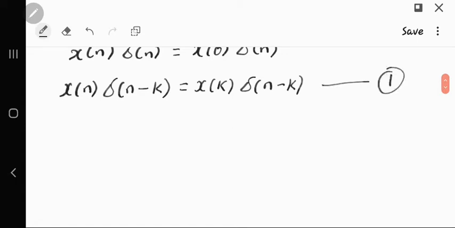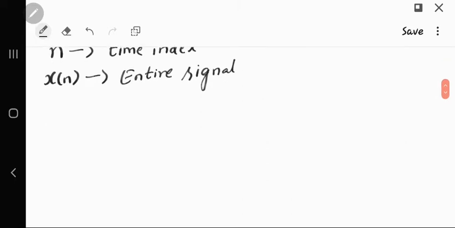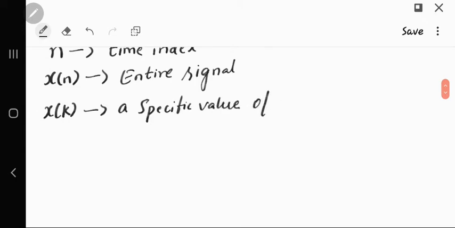Call this equation 1. Here n is the time index, and x of n is the entire signal, and x of k represents a specific value of the signal x of n at time k.